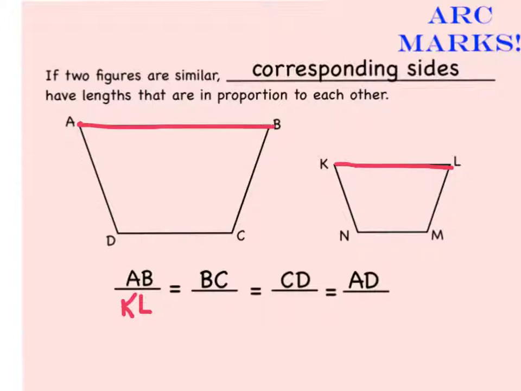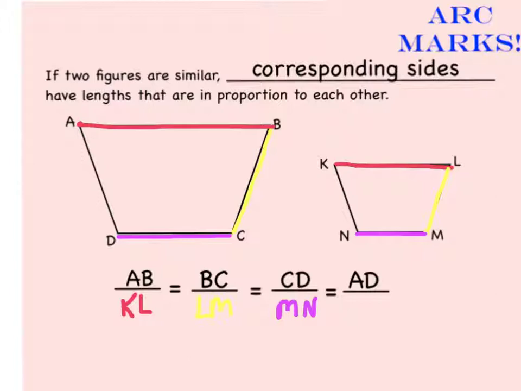Then the next side, BC, is going to correspond with LM. You can see that I'm color coding these so that we can visually see which ones are corresponding. Side CD is next in my proportion statement, and that's going to match up with MN.